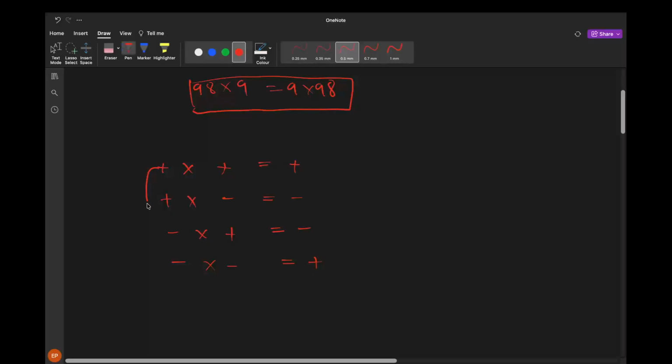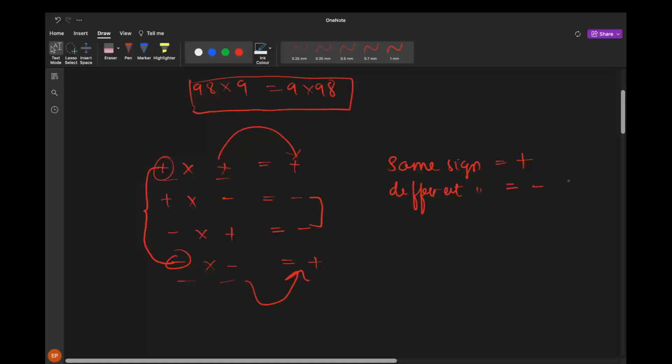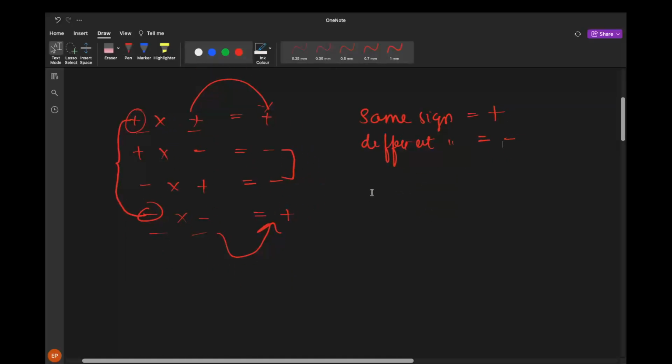Where the signs are the same, the answer is plus. Where the signs are different, the answer is negative. Let us see some examples.